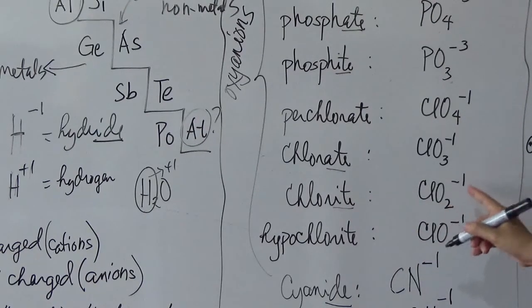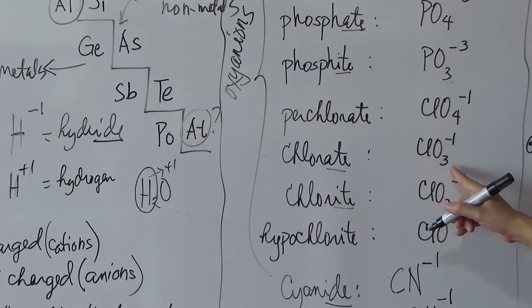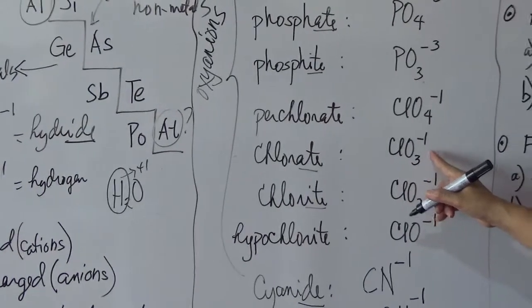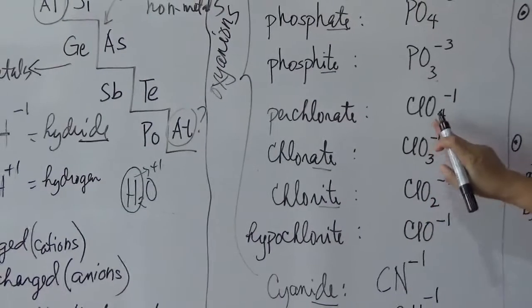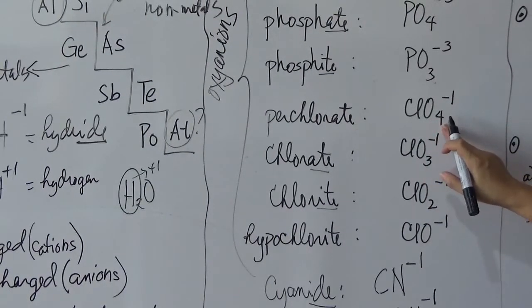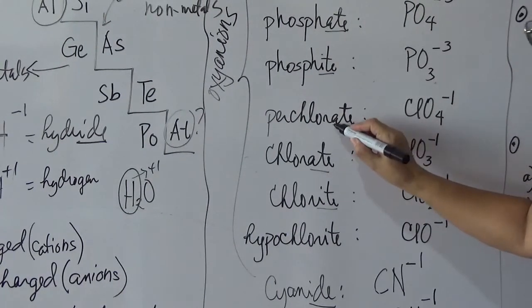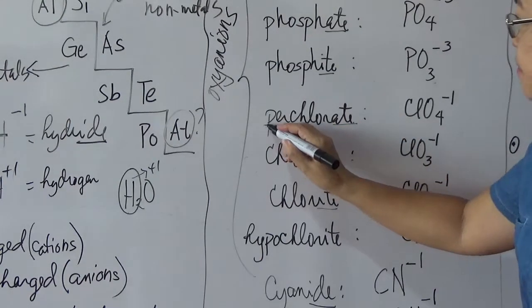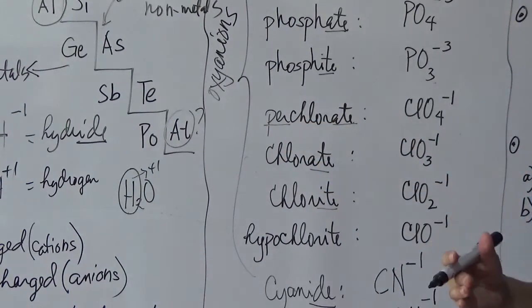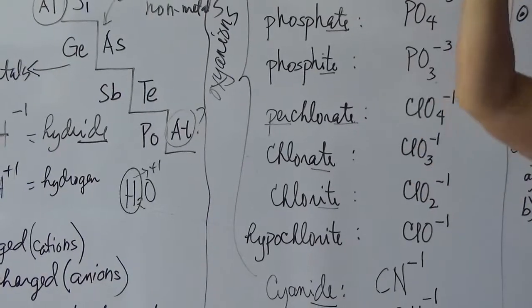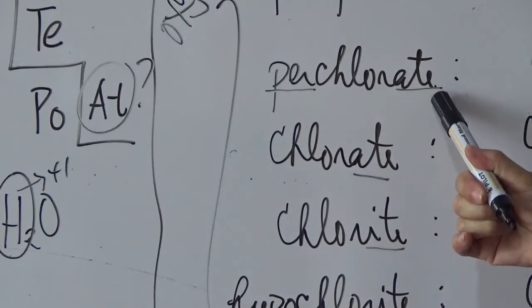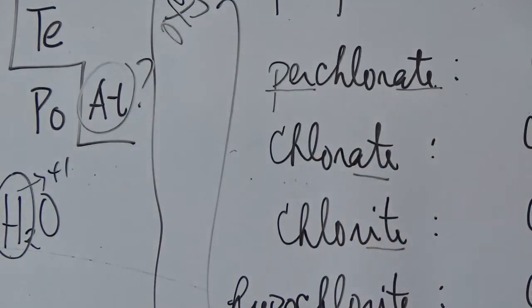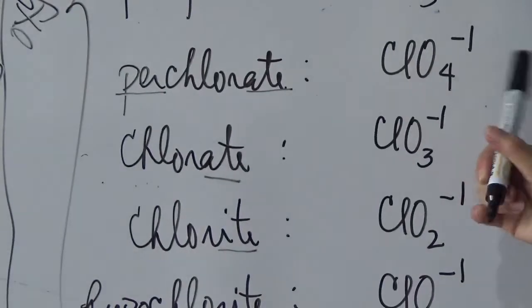Now, if chlorate is ClO3, then the one higher than ClO3 will be ClO4. Still, it will end with ate, but you will have a prefix of per. The meaning of per is higher. So that is perchlorate, ClO4 -1.